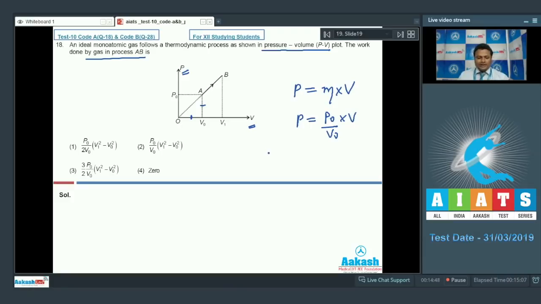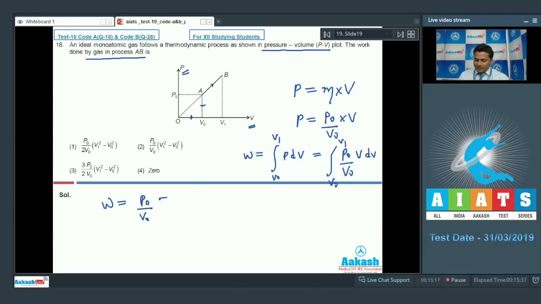Now we know that the work done by gas will be given as integral of P dV. From the limit, the gas is expanding from V naught to V1. Putting the value of expression for P, we will get P naught upon V naught, V dV from V naught to V1. Let's solve the integration. Work done will be P naught, V naught constant, comes out of the integration.